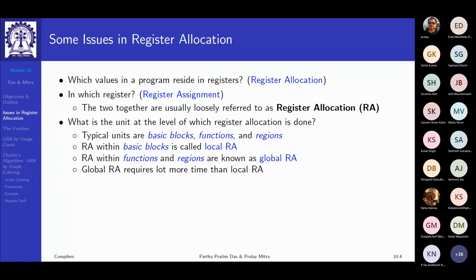However, at times we take units of code which are bigger than a function. For example, we may analyze and find that there are two functions, say f, g, and h, so that very often in the code, when f executes, it calls g, which may not be a very big function.